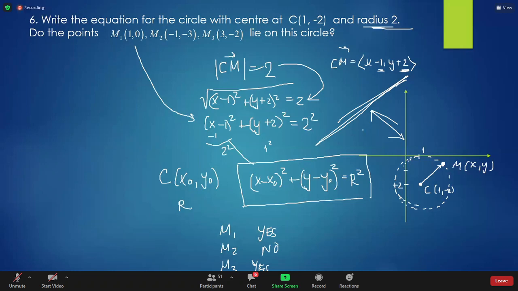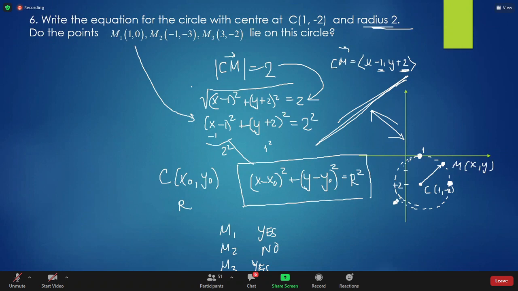Minus 1, minus 3, that would be somewhere here. And we see that, no, it would not. It would be outside the circle. We can even imagine where it lies in the system of coordinates. And 1, 0, that's this point, the point of tangency. So now we see how we can also check points for the circle.